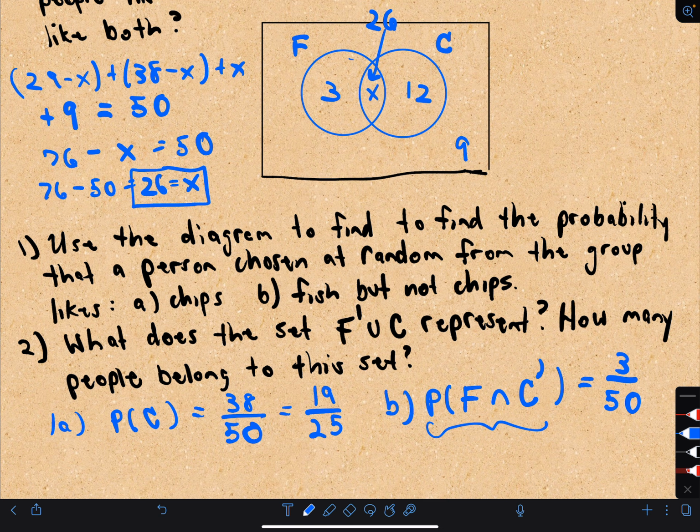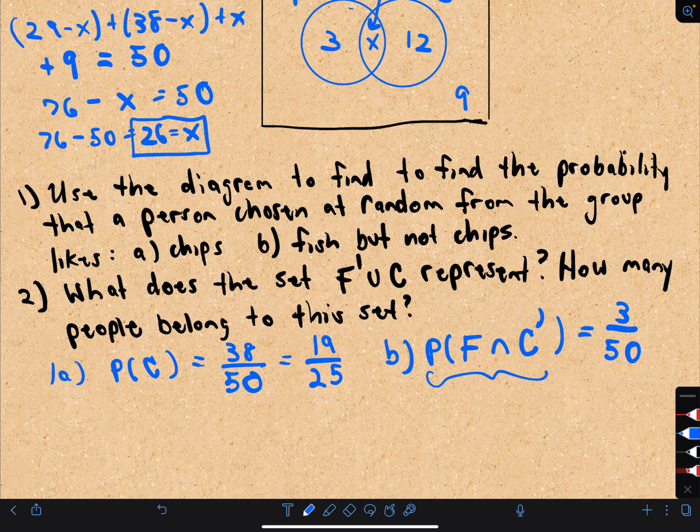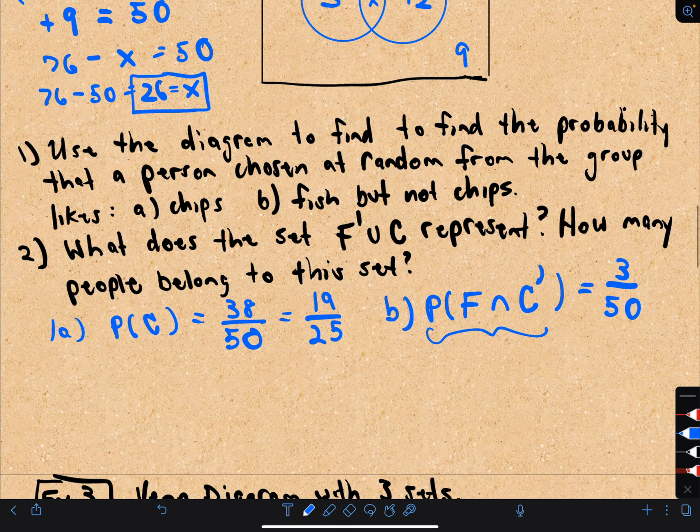And the same thing. So in our last question here, we were asking what the set F complement union C represents, and we want to know how many people belong to the set. So this says they do not like fish. The union, you can think about that as being "or".